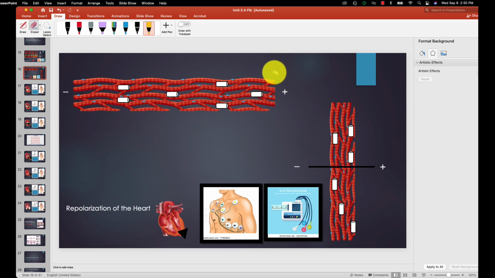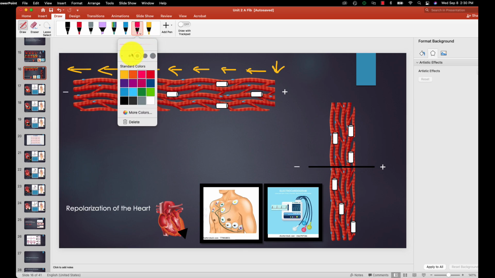So let's say we are repolarizing. Let's say this was where the positive charge ended, and then we start moving this way, right? So the once positive cells are now starting to slowly repolarize, becoming more negative.